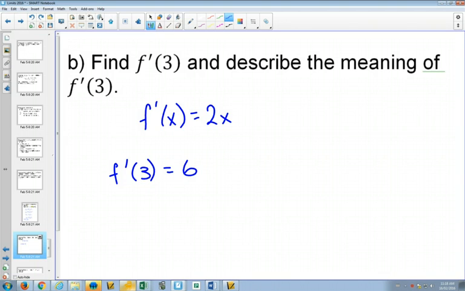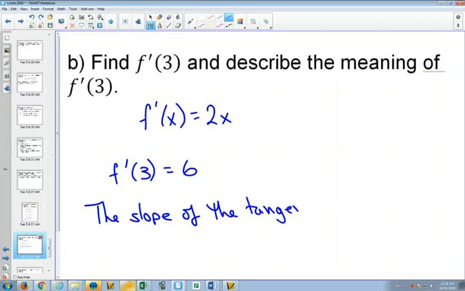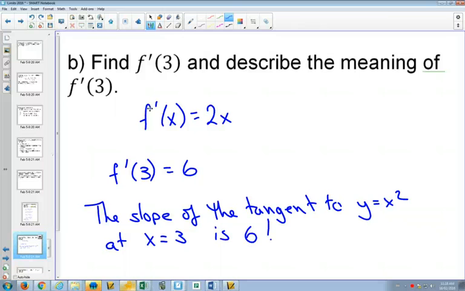And what does this mean? It means that the slope of the tangent to our function, which was y equals x squared, we can draw a picture of that.